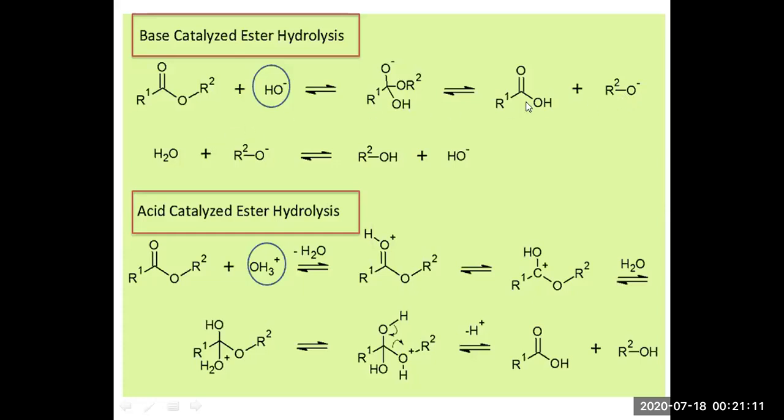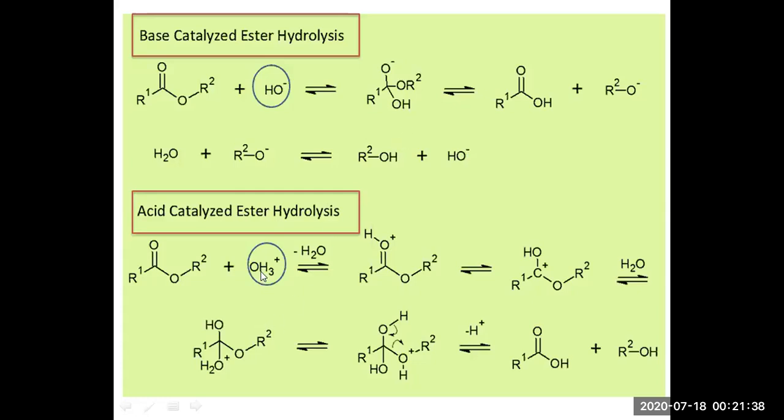Because of that, immediately in aqueous medium, it gets converted into alcohol, and the acid generally remains in ionic form. Again, here you can see OH⁻ is generated. That means your catalyst is regenerated and the medium will be alkaline or basic. So this is how base catalyzed ester hydrolysis can be represented.